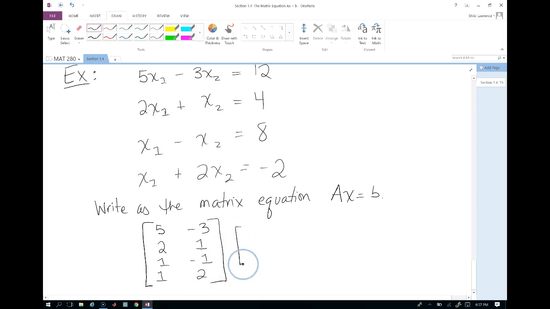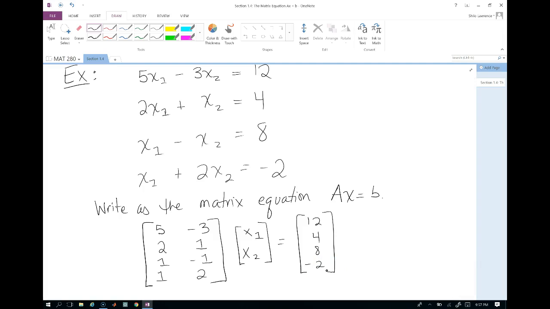And then we've got a variable vector that distributes weights to these guys. And the first one goes in the first entry, and the second one goes in the second entry. And then we've got a solution vector, which is 12, 4, 8, -2. So we did this one a lot quicker than the last one, because on the last one we showed how it broke down into each individual step.